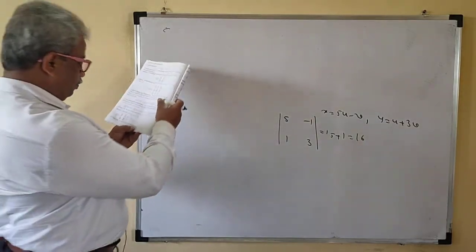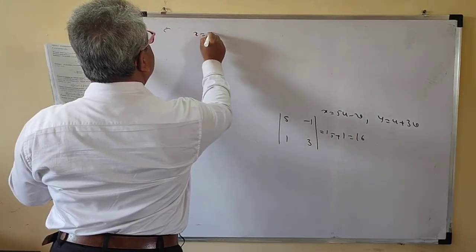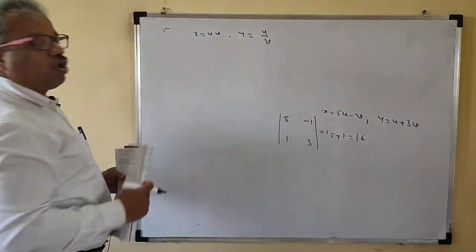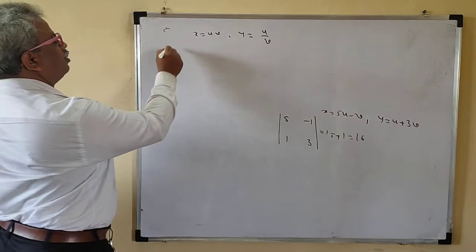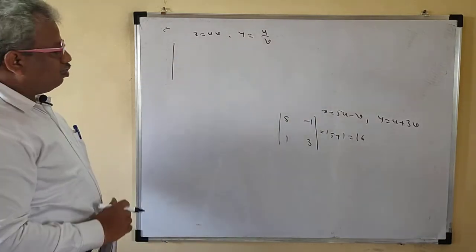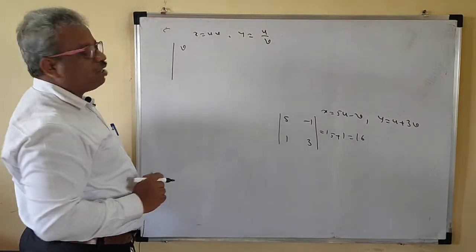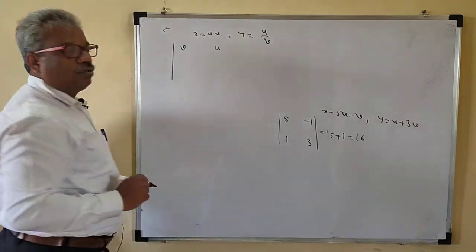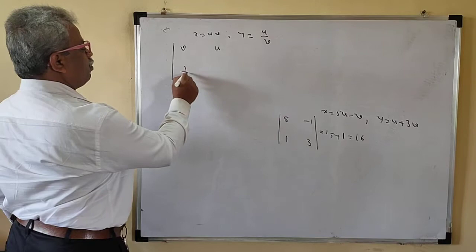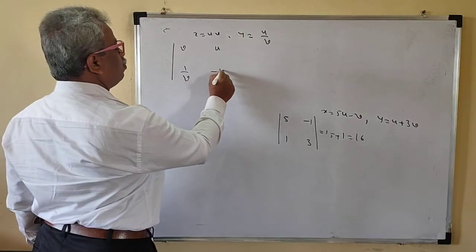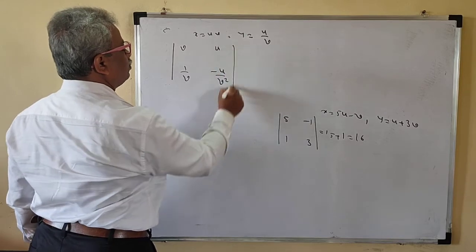Okay. Now next, suppose we have x is equal to uv, y is equal to u upon v, and we want to find the Jacobian of this relation. So dou x by dou u, dou x by dou v will be u, dou y by dou u is 1 by v, dou y by dou v is minus u upon v square.